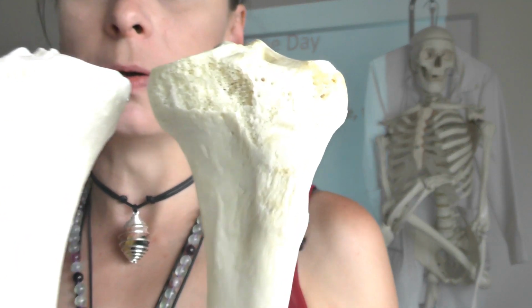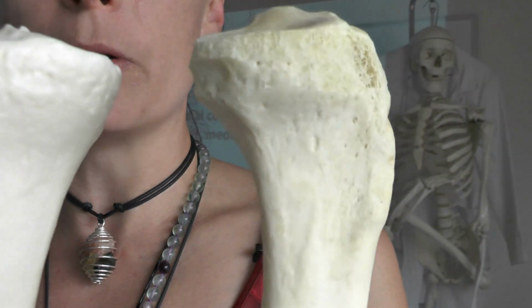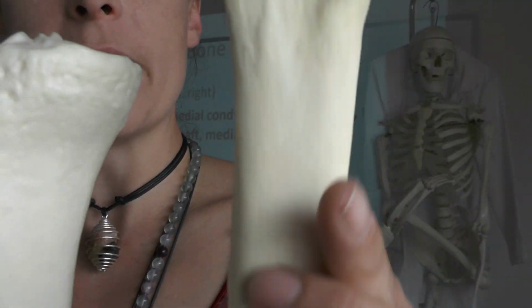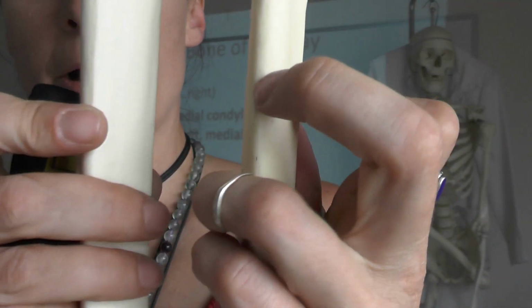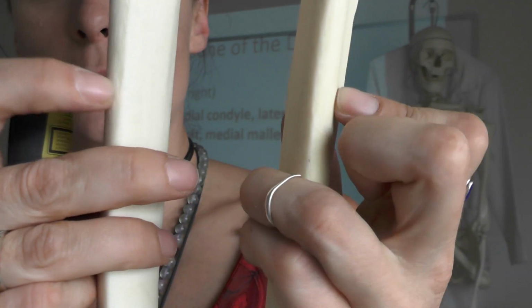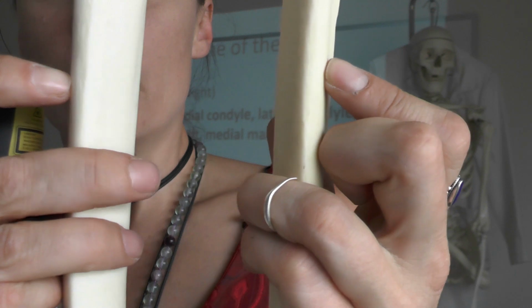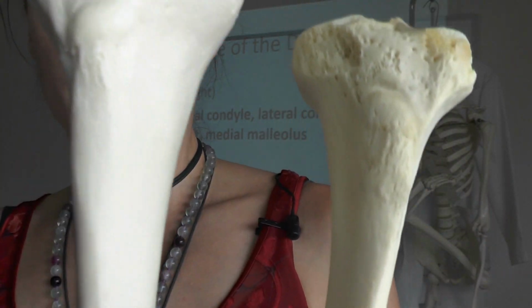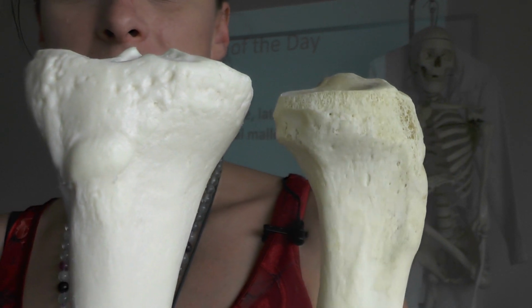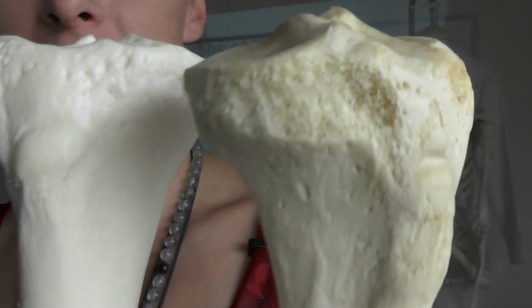What's cool about seeing a model versus a real bone is that this real bone has had some of the compact bone on the surface worn away. This is the model, this is the real bone, and where we have total compact bone intact, you can't really tell them apart. But the compact bone wears off on a real bone at the epiphyses, and you can see the spongy bone in there.